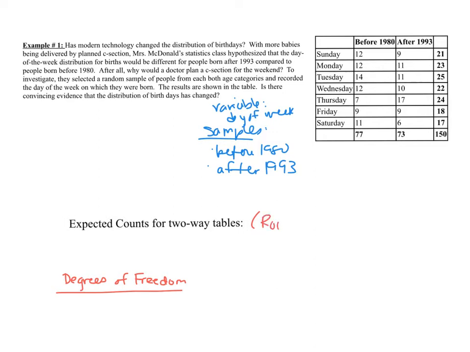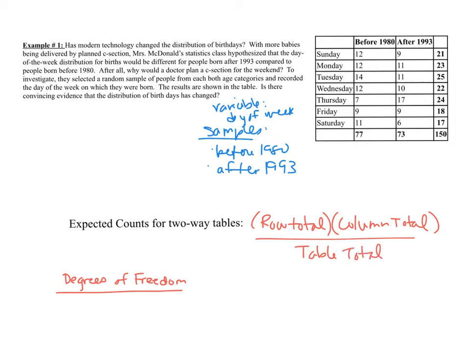We're going to do row total times column total, divided by the overall table total. The other thing we need for this section is our degrees of freedom. The degrees of freedom is going to be the number of rows minus 1 times the number of columns minus 1.